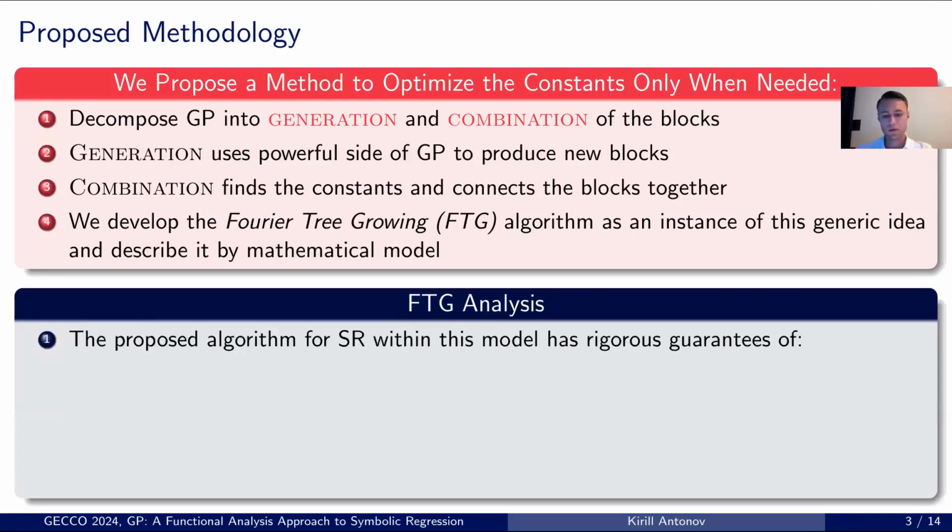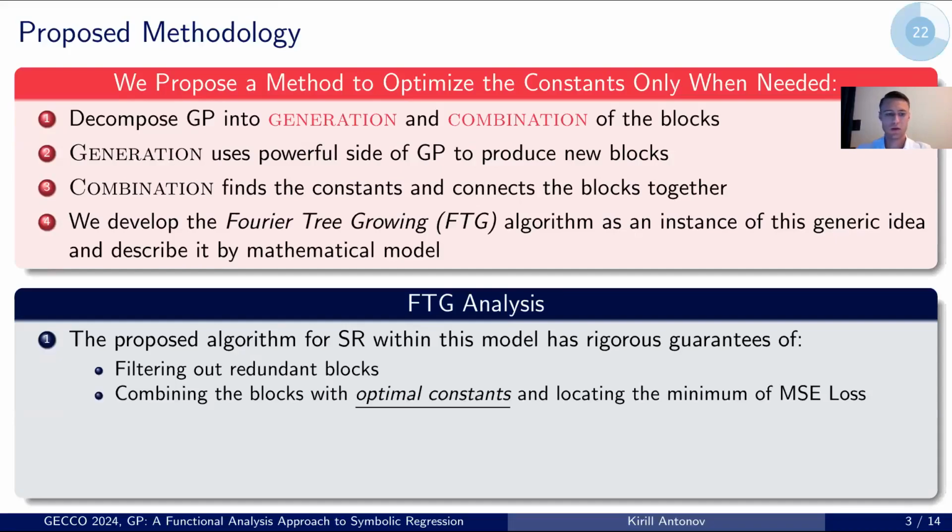Using this model, we propose the following guarantees: that FTG filters out all the redundant blocks and leaves only the useful blocks for the function. And it combines the generated blocks using the optimal possible constants. And given enough computational resources, this algorithm locates the minimal reachable loss function.